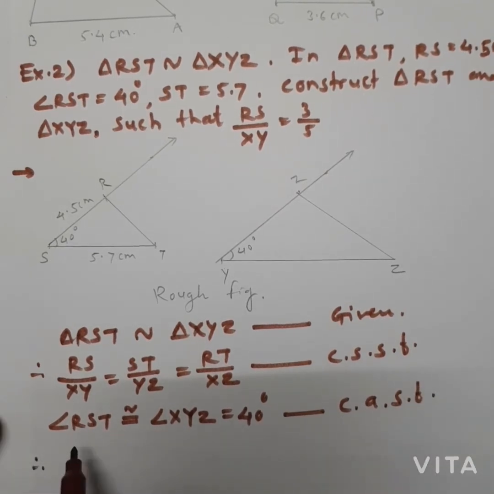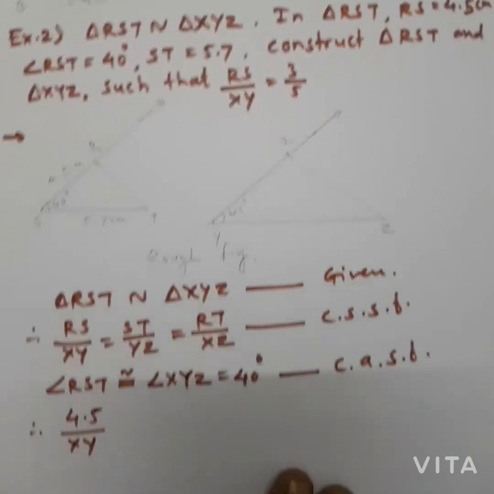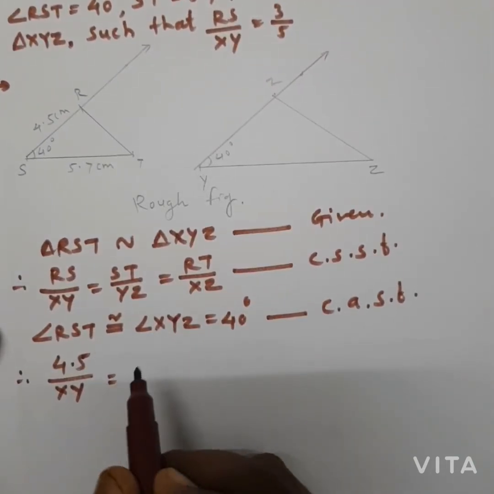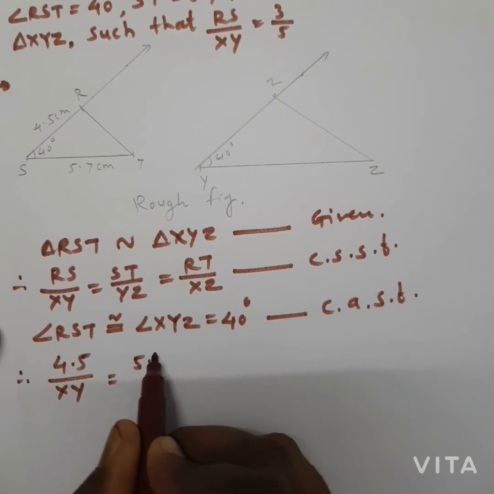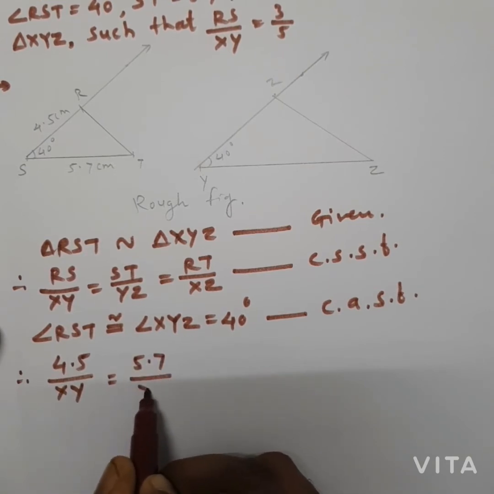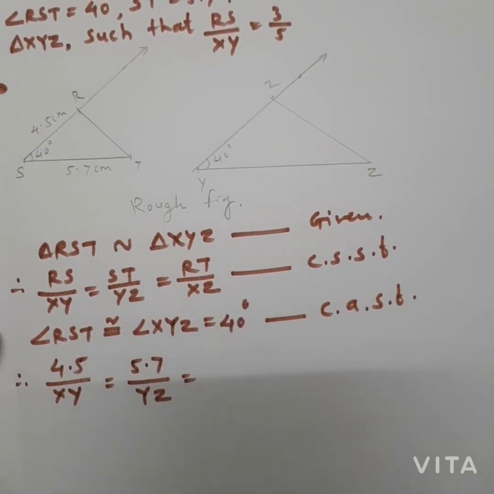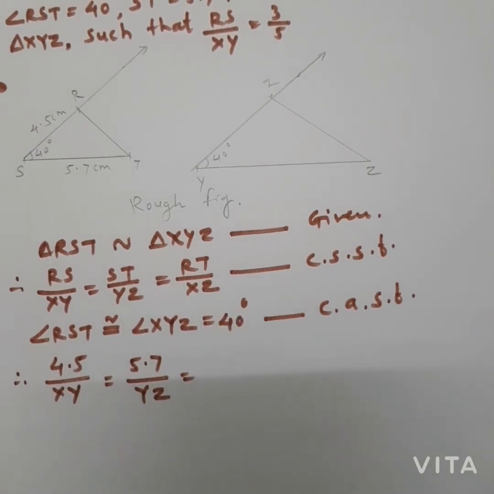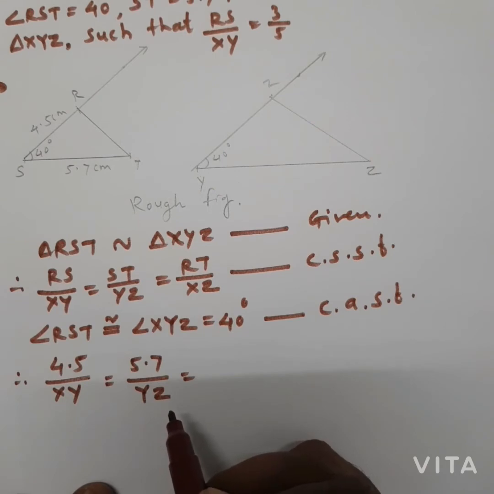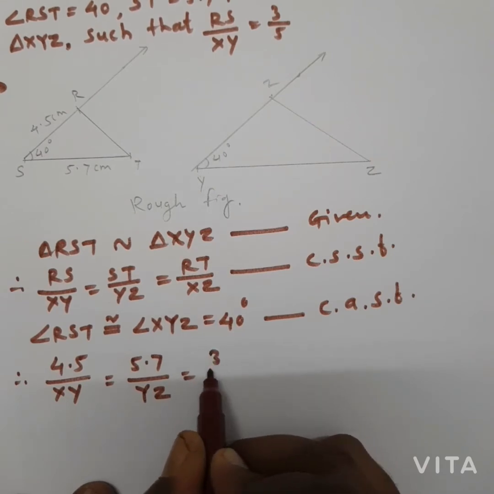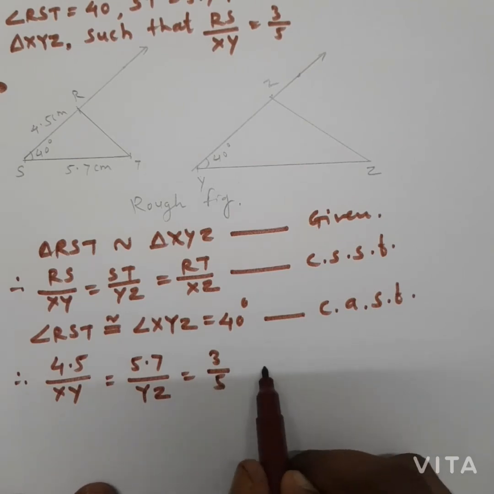We have given the sides as RS 4.5 centimeter upon XY is equal to ST 5.7 centimeter upon YZ. Then RT and XZ are not needed, because two sides and the angle between them are sufficient to draw a triangle, and this ratio is given as 3/5.